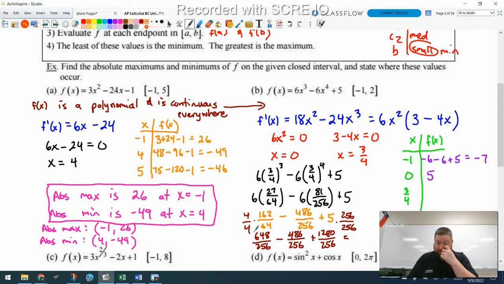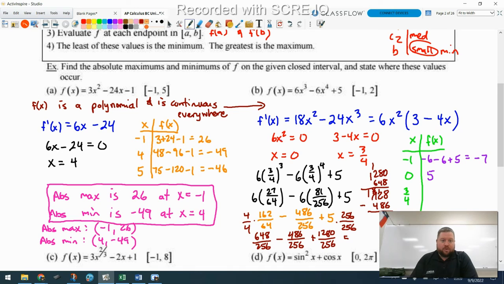All right. This is a lot to do without a calculator, so I would highly doubt that this would be on a non-calculator part of the test, but I don't have my calculator out in front of me, so that's why I'm doing it this way. Okay, I'm going to add the two positive numbers first, so that's 1280 plus 648, that's 8, that's 2, that's 9, that's 1, and then we're going to subtract 486.